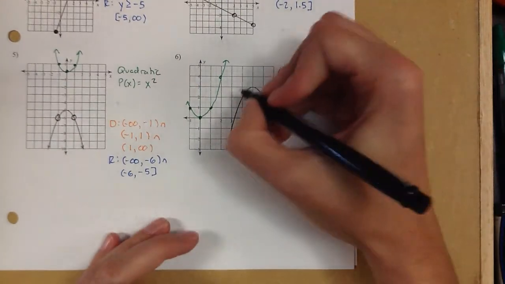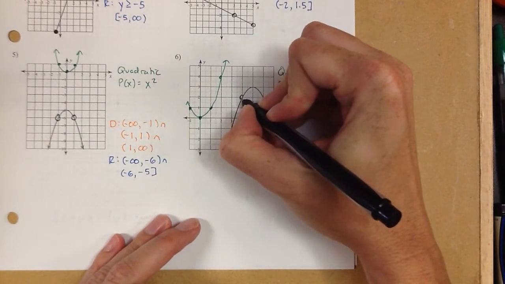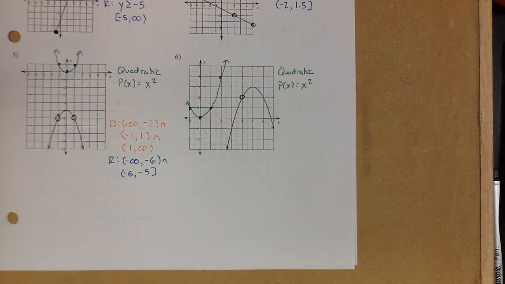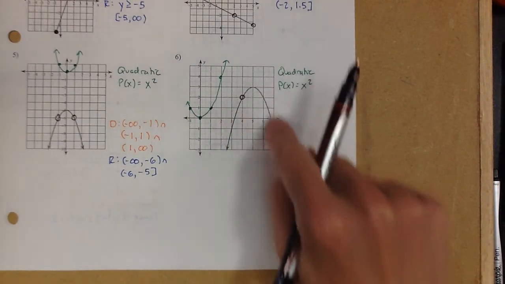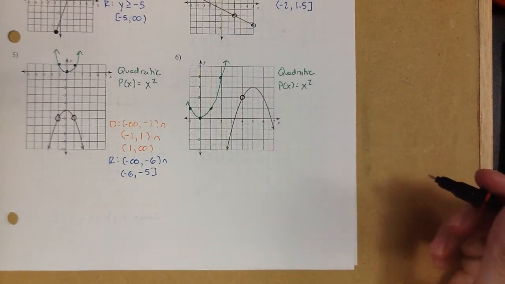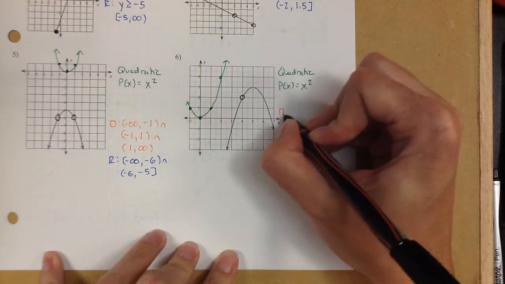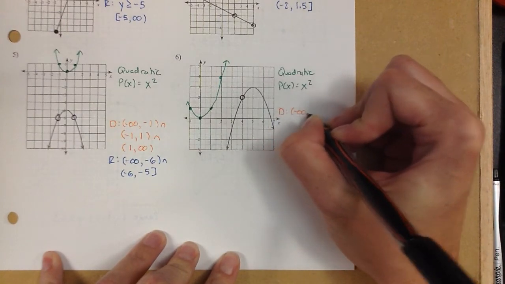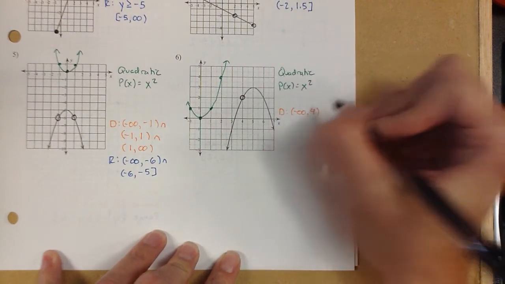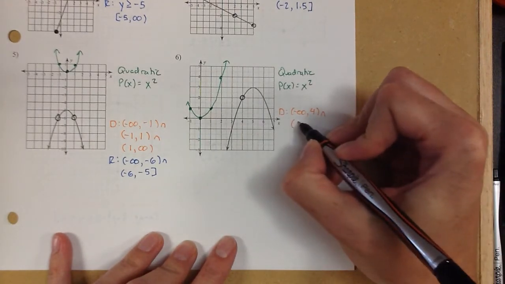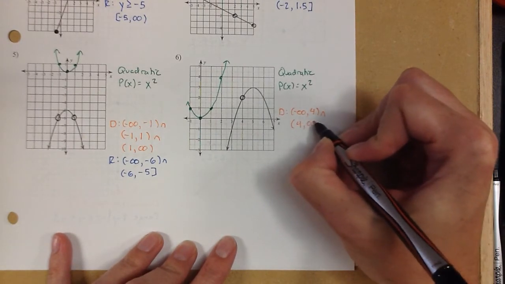I'm going to put a hole over here at (2, 4). So what is the domain of this graph here? Good. Negative infinity to 4. And then 4 to positive infinity.